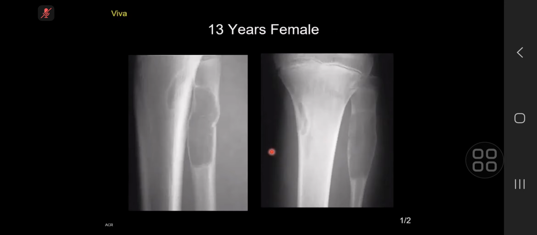So I've got a frontal radiograph of the proximal tibia and fibula in a skeletally immature female, and I can see that there is a lucent intramedullary lesion within the proximal diaphysis of the fibula. There's no surrounding periosteal reaction, no cortical breach, no associated soft tissue swelling, so it has a narrow zone of transition.